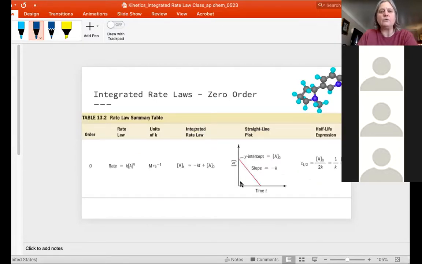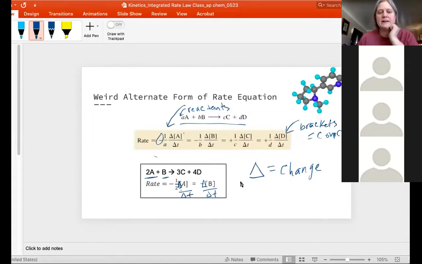Okay, so if you take this previous form of the rate law and you integrate it, let's not go into a lot of detail about that, but if you graph the amount of reactant A, in brackets for the concentration, over time, you get these curves.